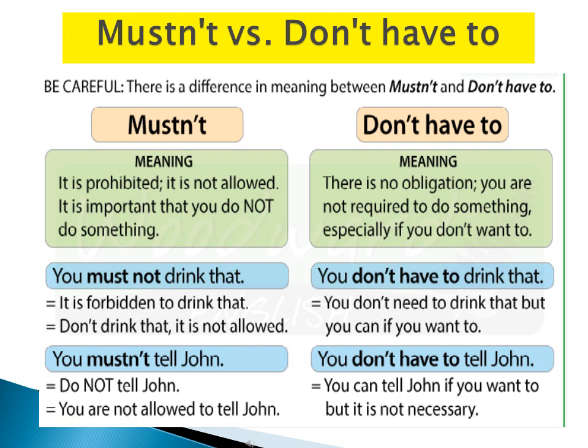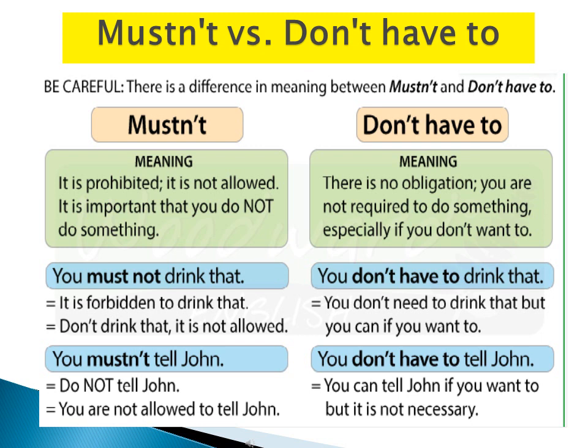It's not allowed, يعني ممنوع عليك فيها شيء. It's important that you don't do something, يعني ممنوع دير شي حاجة. Don't have to المعنى there is no obligation, ليس هناك فرض ولا شيء مفروض عليك ديره. For example, you are not required to do something especially if you don't want to. Okay, so don't have to, it's not like mustn't, يعني there is no obligation, ما ليس هناك أي ضغط ولا واجب عليك باش تفعل شيء ما.